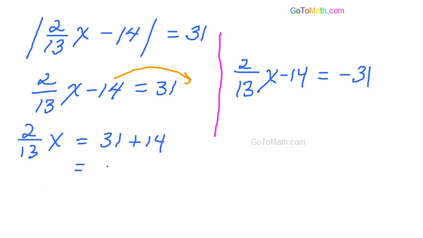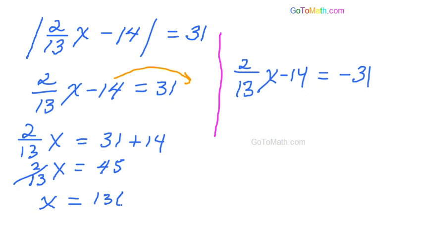You're going to have to work a whole lot faster than this. So we've got 45, we've got 2 over 13x, right, and then we just multiply through by the reciprocal to both sides, or you can think of this as moving 13 diagonally up and 2 diagonally down, and that's usually the way I think of it.